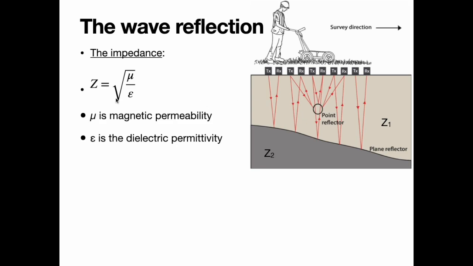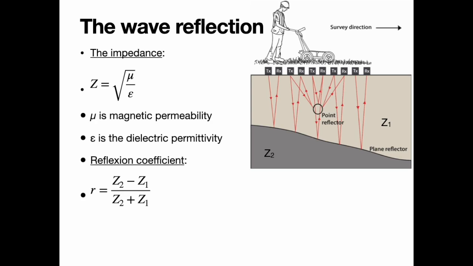So now we need to define what the impedance is. The impedance of the material is the square root of mu, the magnetic permeability, divided by epsilon, the dielectric permittivity. That's defined per material. That's one value per material.